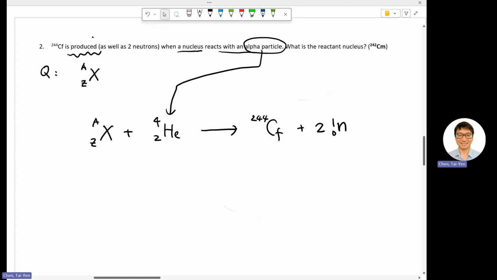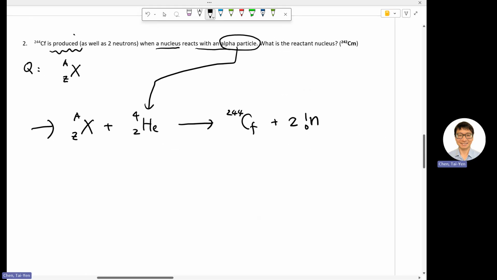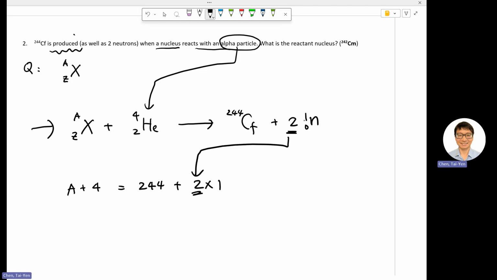Okay, so what you really need to do is translate the sentence into this simple equation. Then you should know that the mass number sum of your reactant needs to equal the mass number sum of your product, right? So here, the mass number of the neutron is 1, but I have 2 of them. Therefore, you multiply by the coefficient 2.